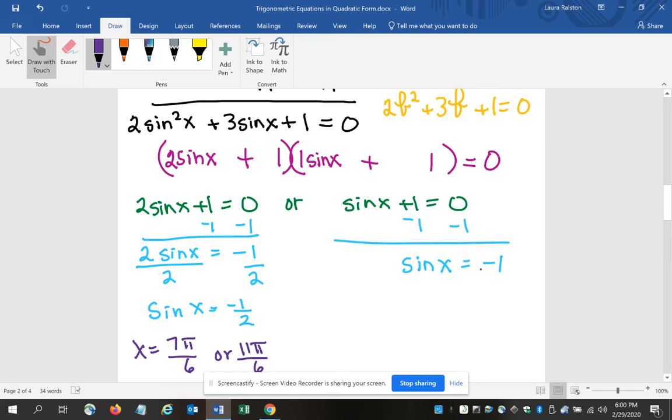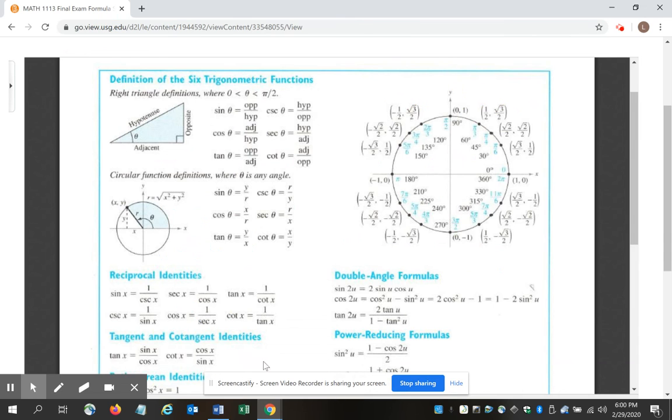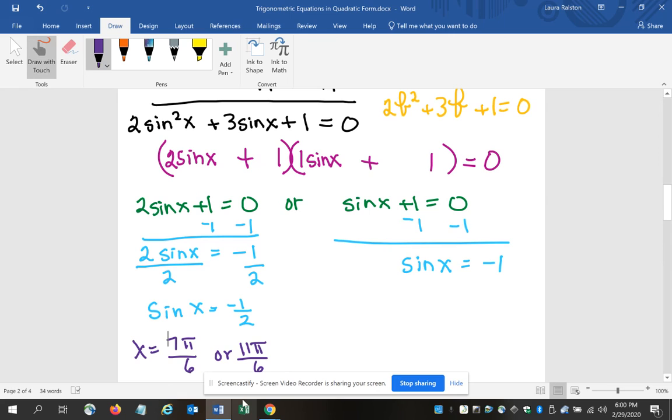Where on the unit circle is the sine -1? Again, that's the y coordinate. So scan around the unit circle, and I find that it's -1 when I get to the quadrantal angle of 3 pi halves. So for this piece, x is 3 pi halves.